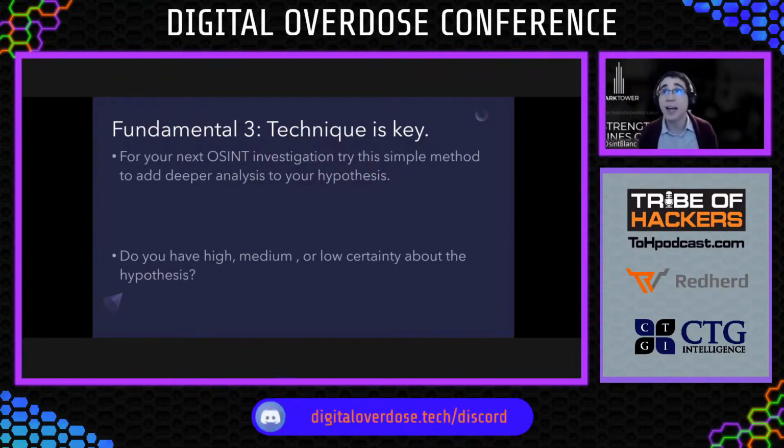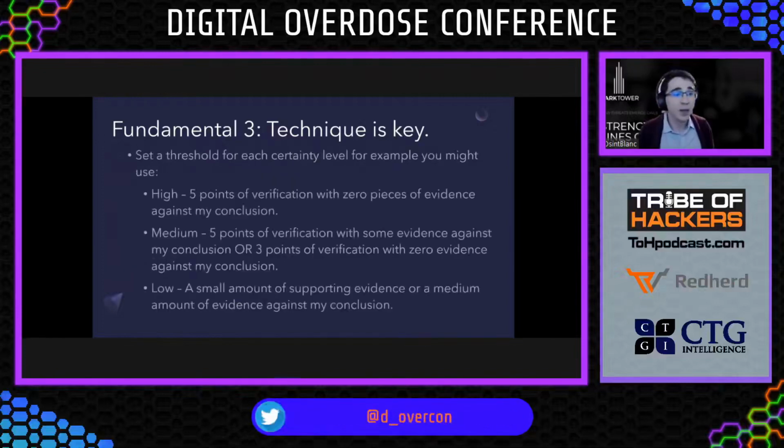What I added, because again we're trying to make qualitative quantitative, is a threshold for each certainty level I might use. For example, for a high certainty, I could use 5 points of verification. A point of verification would be something like, I have fundamentally correlated this username to this person.